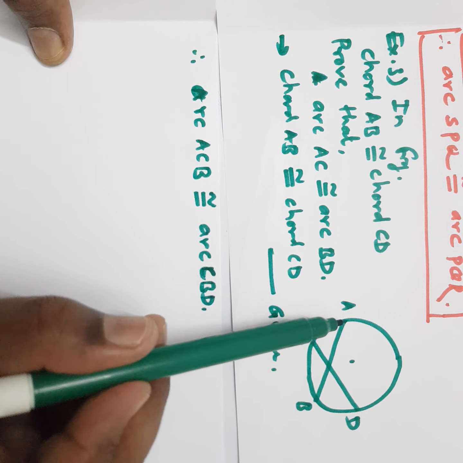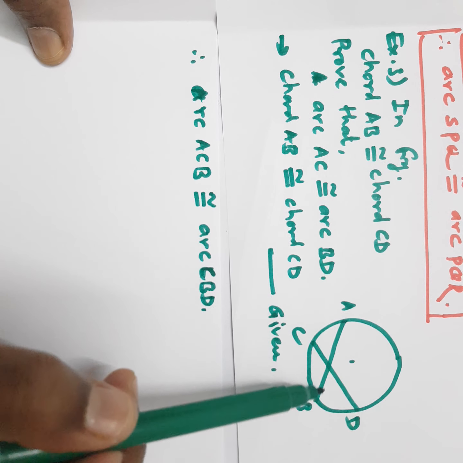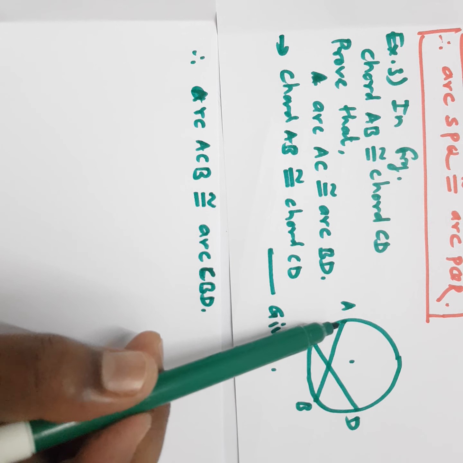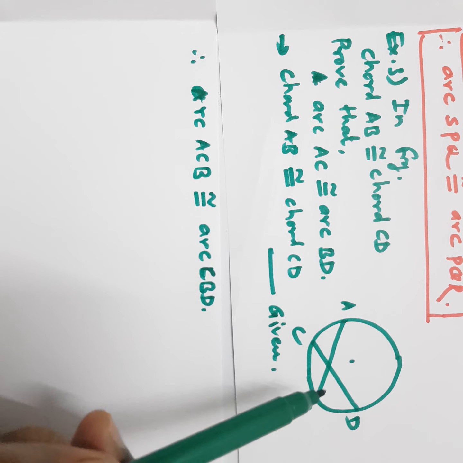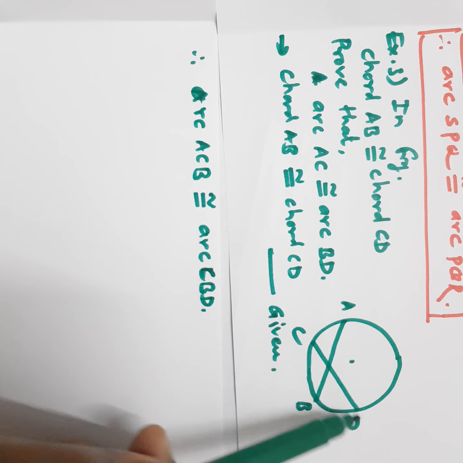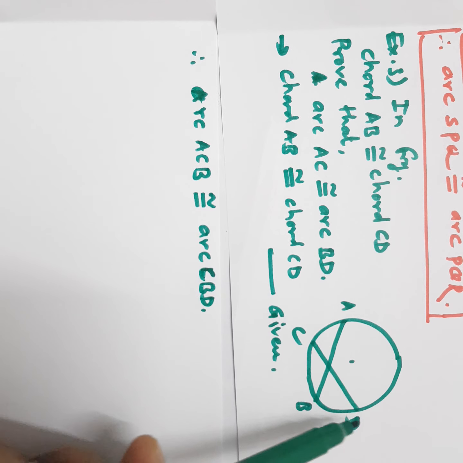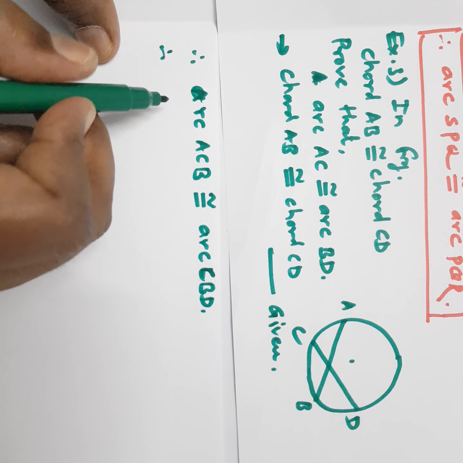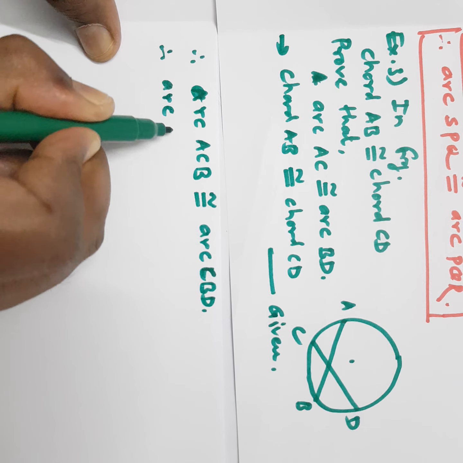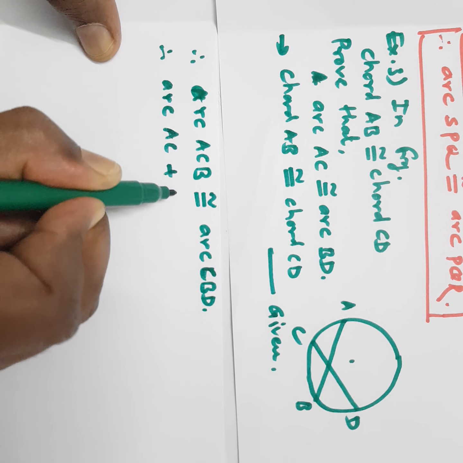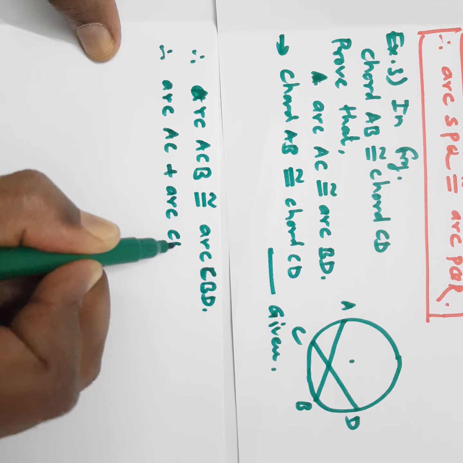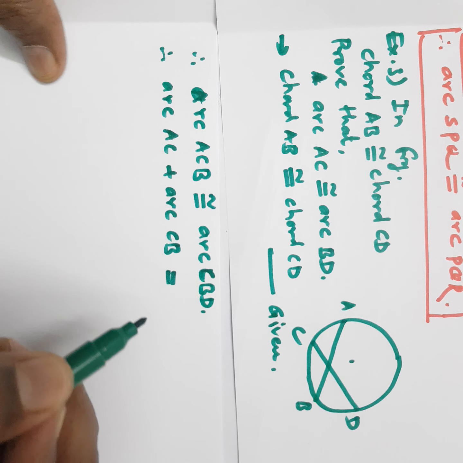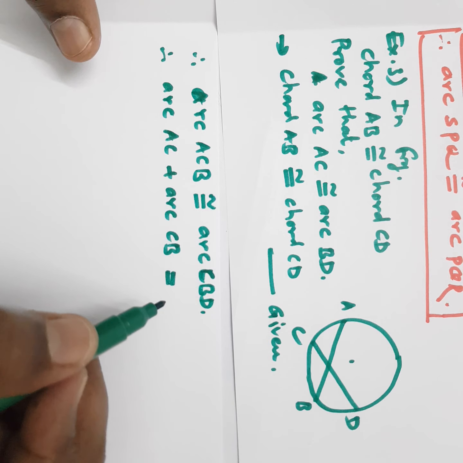See in the figure, the corresponding arc of chord AB is arc ACB and the corresponding arc of chord CD is arc CBD. Here arc ACB we can write as arc AC plus arc CB, which is equal or congruent.